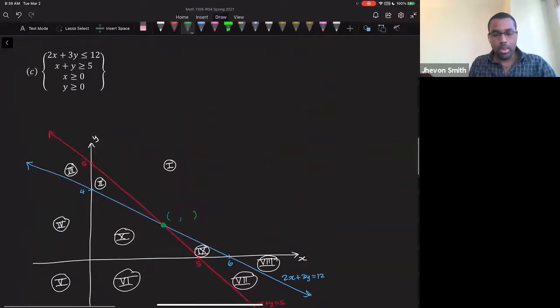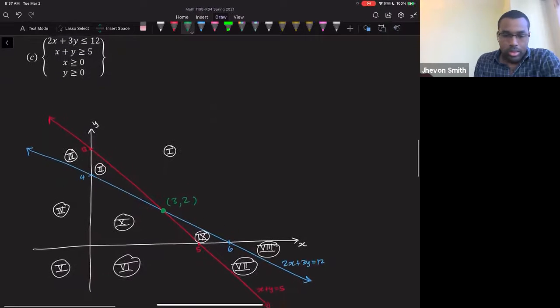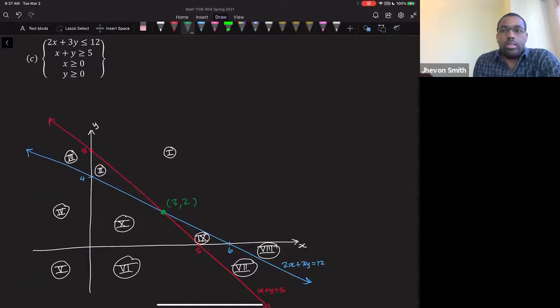This one, what region is here? And again, this is 3, 2. I think we got 9 as the region. 9 is down here.